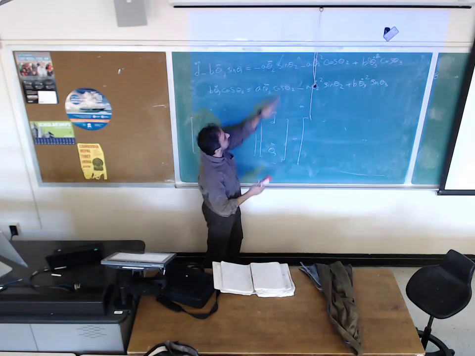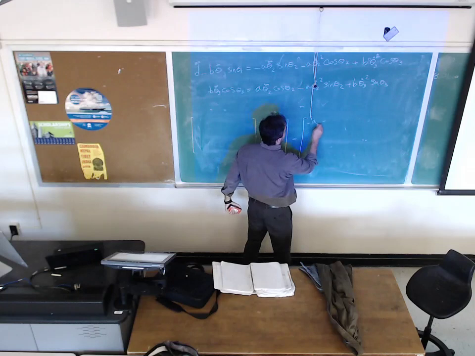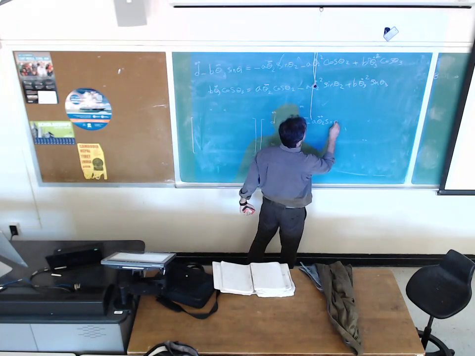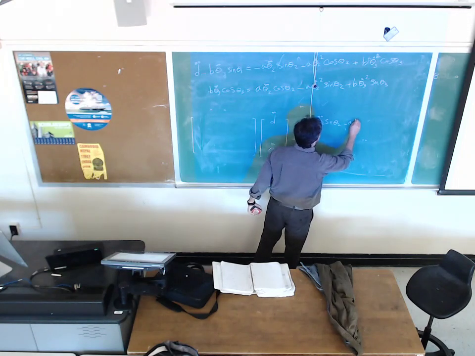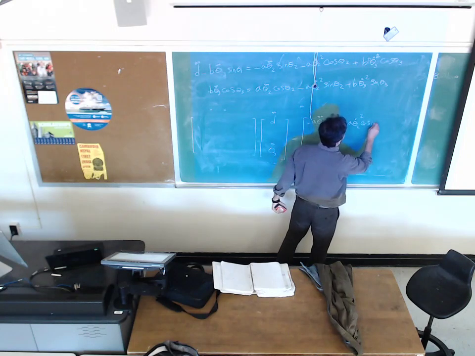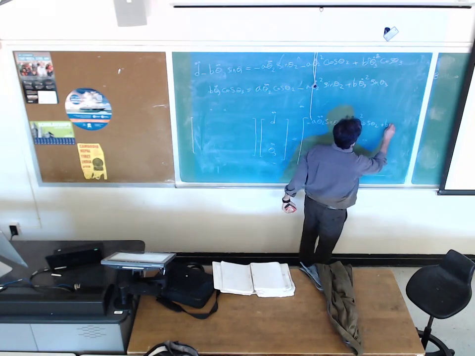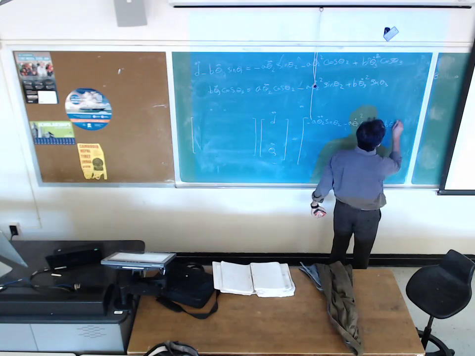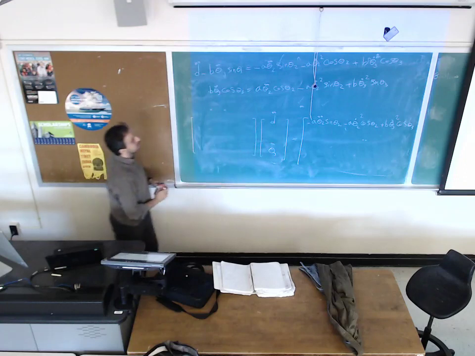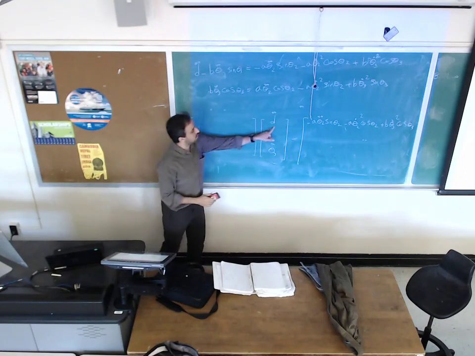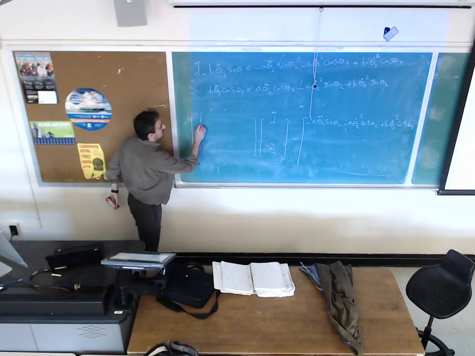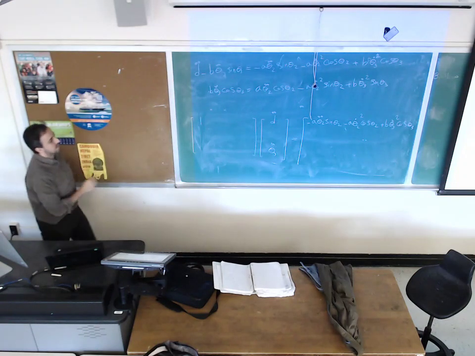The constant part would be this side: negative A theta double dot 2 sine of theta 2, negative A theta dot 2 squared cosine of theta 2, plus B theta dot 3 squared cosine of theta 3. This is for the first equation. For the first equation, the coefficient of d double dot is 1. So this cell is going to get 1.